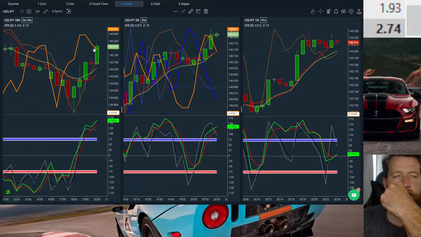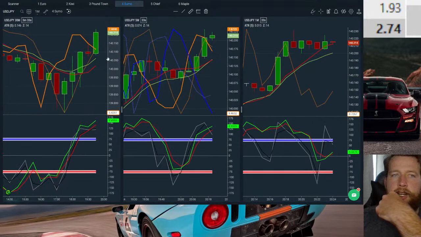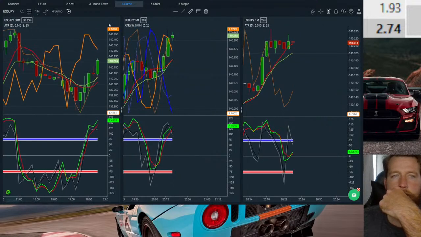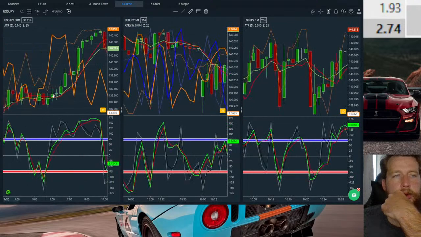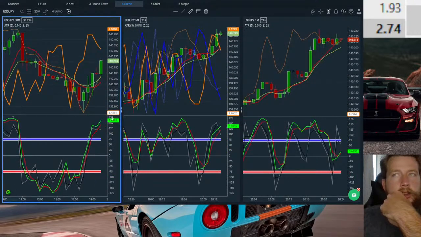I could see on the 30-minute here it wanting to make its way back. Although as far as the 30-minute chart here, this could just be the beginning of a long-term upward trend. Whoa, sound crazy.